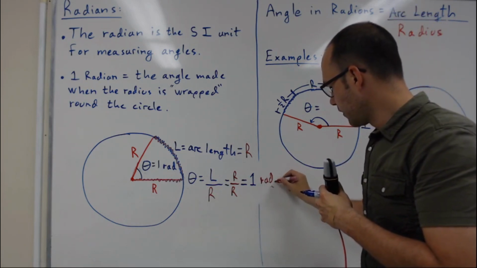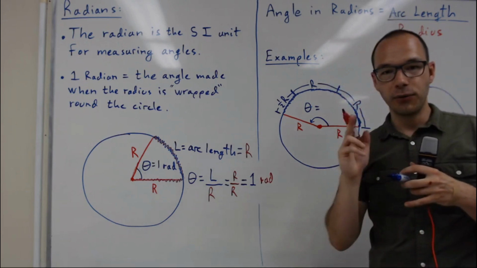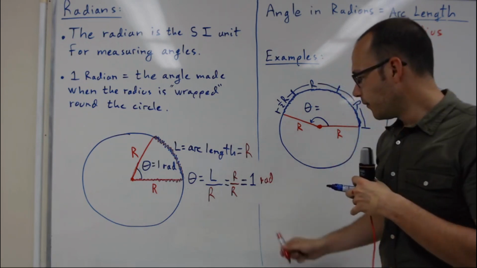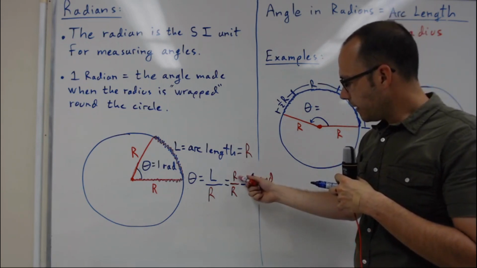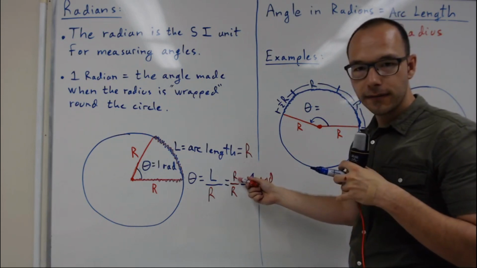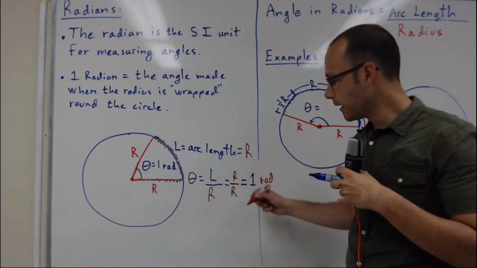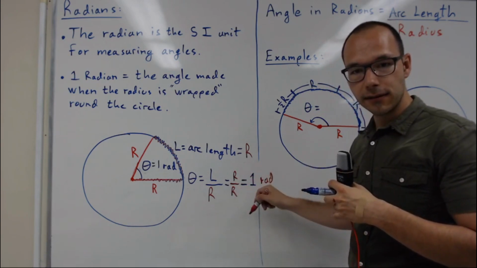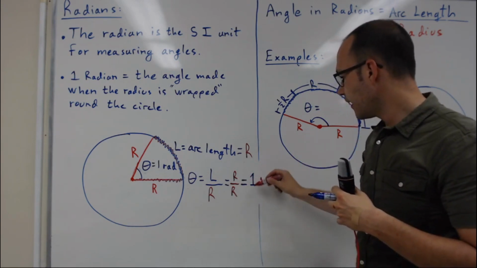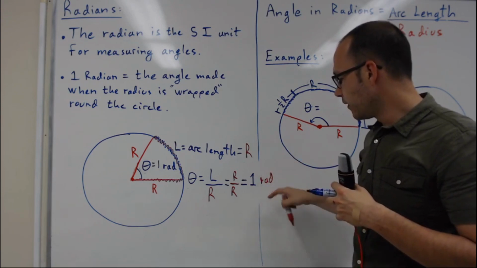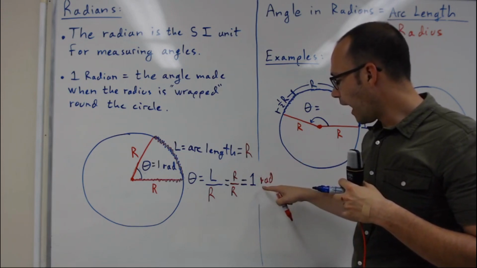But remember that when we divide a length in meters by a length in meters, the units will cancel. So we don't actually have units here, so you do not have to add rads.